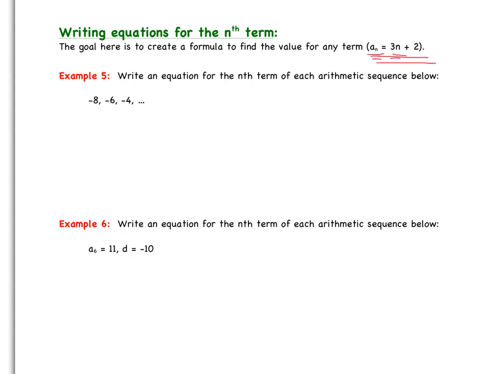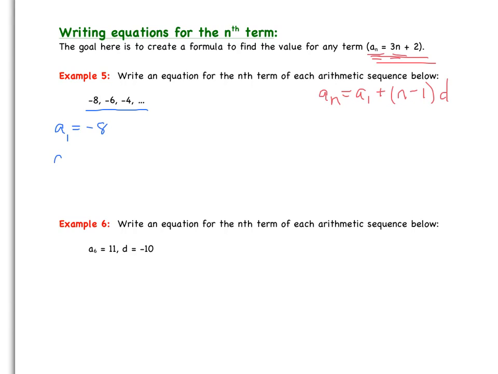Alright, I'm going to put our equation from the first page right here just so that we have it. So, reminder that a sub n is equal to the first term plus n minus 1 times d. We have to remember to use this as we go. Okay. So in example 5, if I take a look at the information they gave us, I can see that the first term is negative 8.